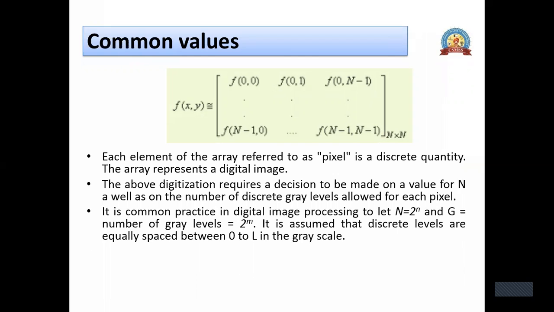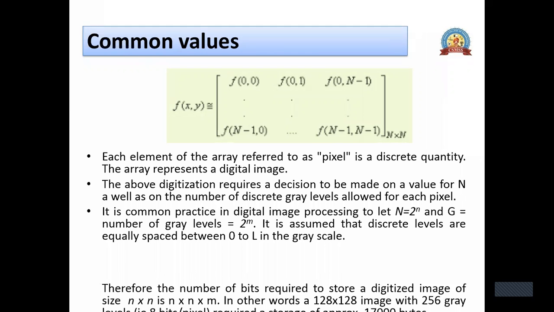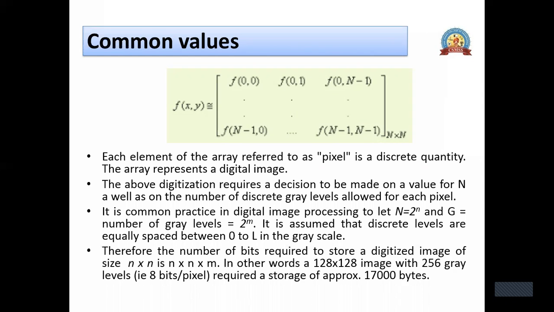We will take it as 2 power n, and there will be gray levels. The gray levels will be most of the time 256, that means it will be 2 power m itself, 2 power 8 itself. Okay, and this is what the calculation is. So if it is a square image, then it will be n multiplied by m. That is what it is.